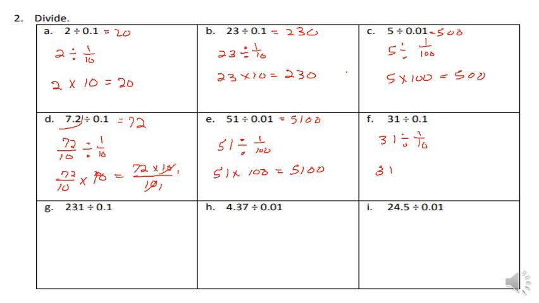So it'll be 31 times 10, which equals 310. Under G, we have 231 divided by 1/10, which is equal to 231 times 10, which equals 2,310.